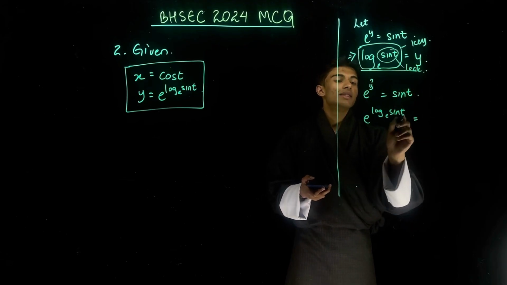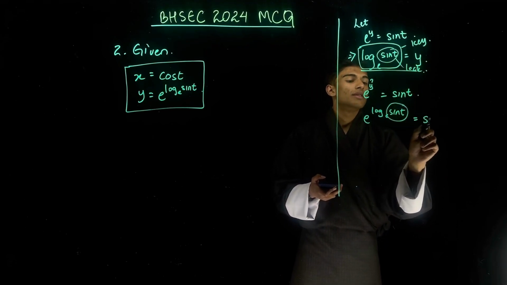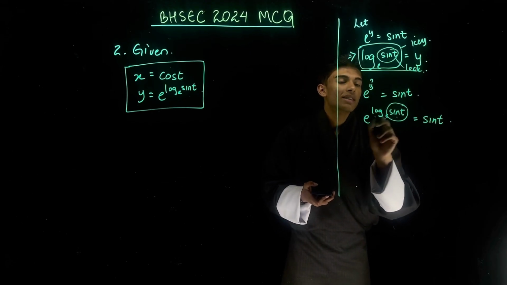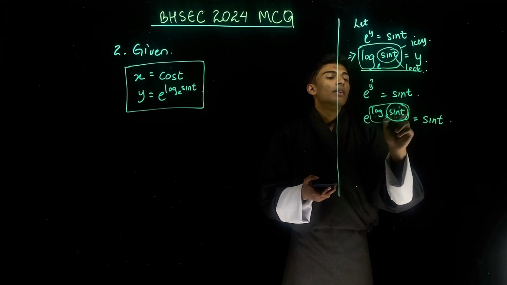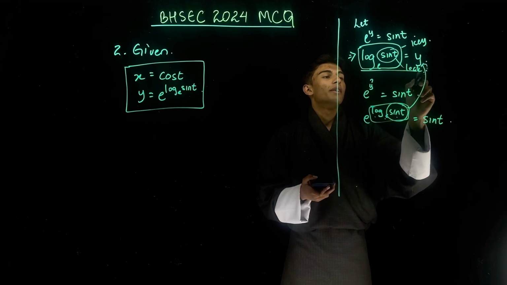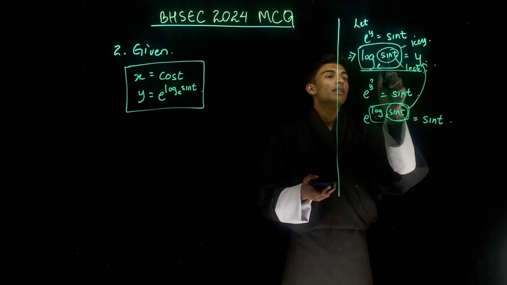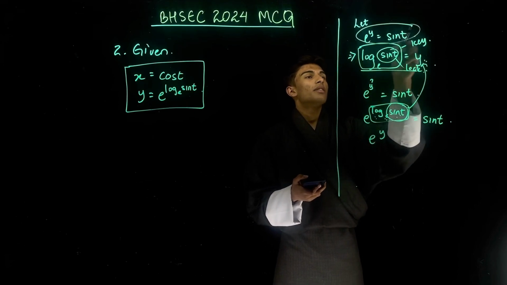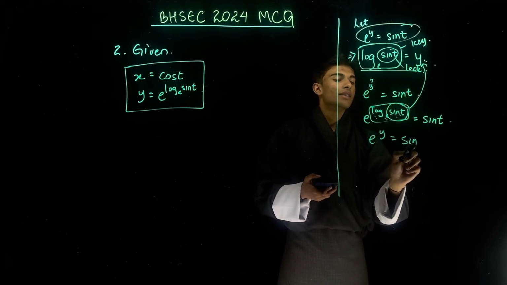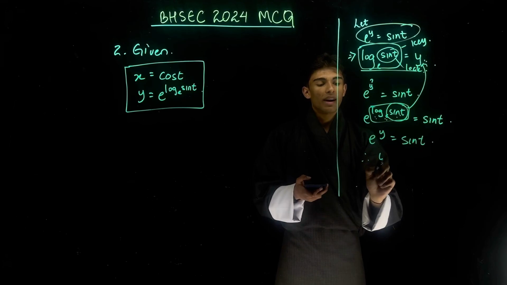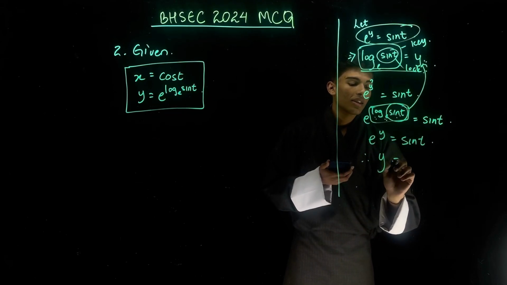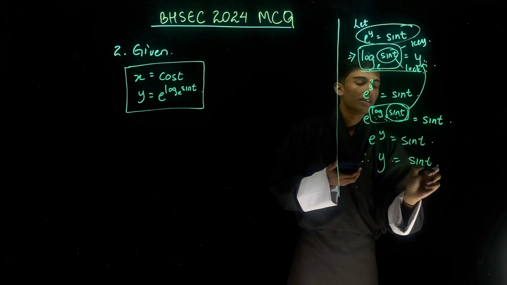You simply get the function back, sine t. Because as you can see here, log e of sine t is y, right? So e raised to y is simply sine t. And therefore, our function y is equal to sine t.